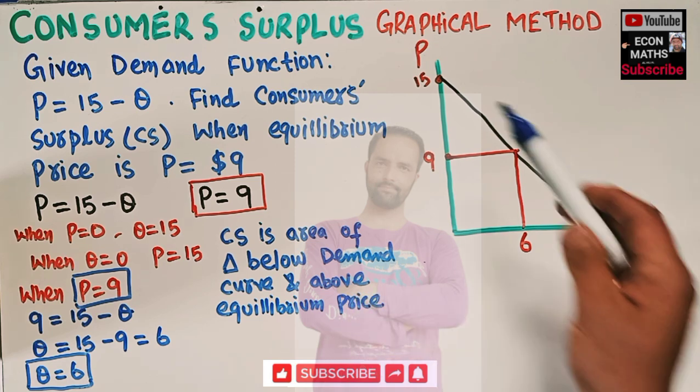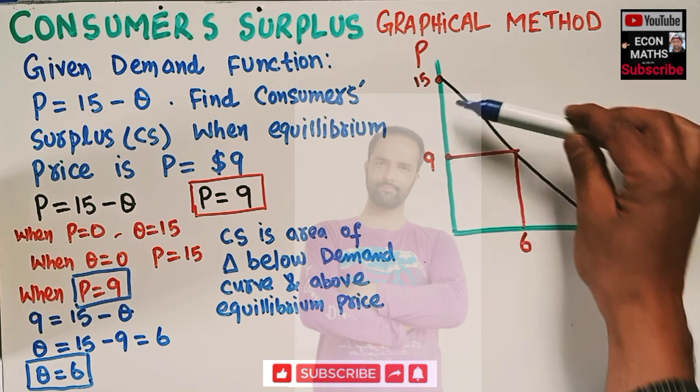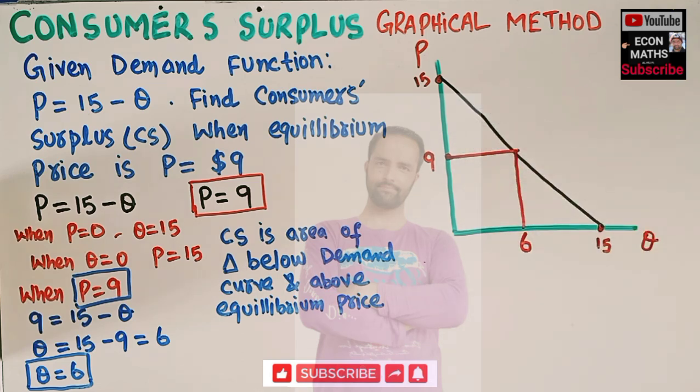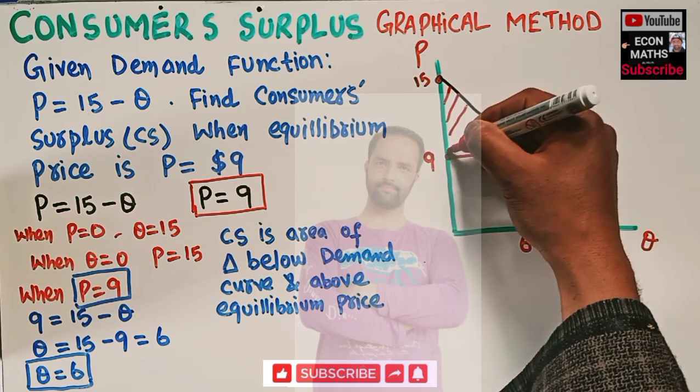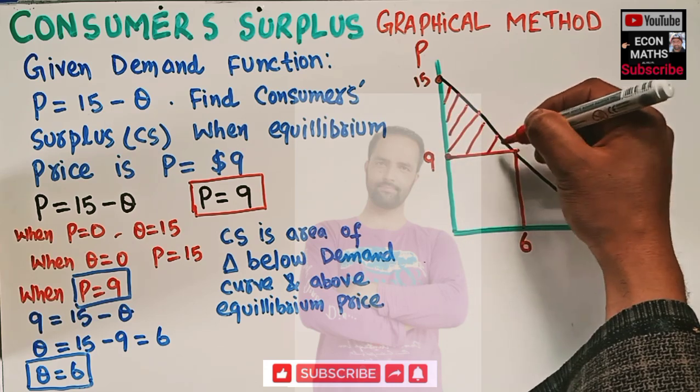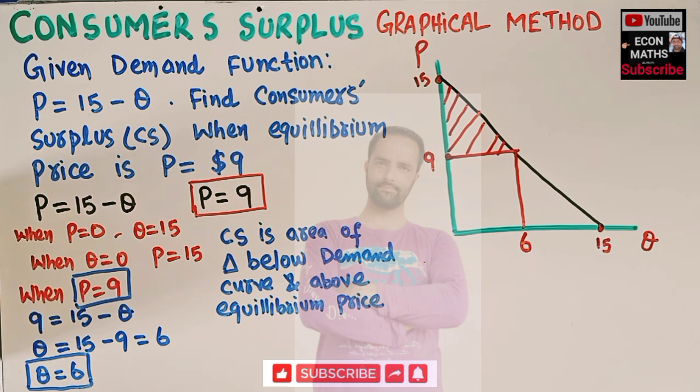Simply, the area which is below the demand curve and above the equilibrium price gives us the consumer surplus. That means we need to find the area of this triangle, and this will denote our consumer surplus.